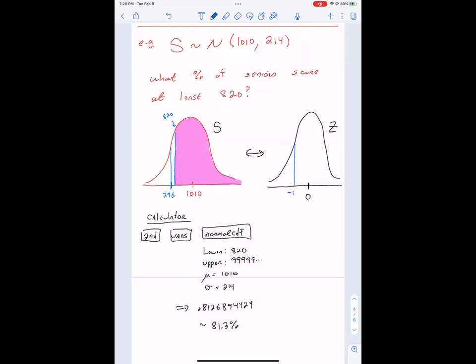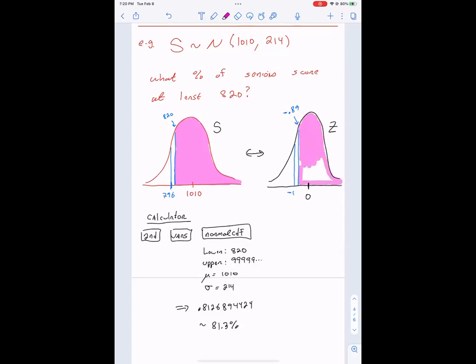And more specifically, what does my 820 become? Negative 0.89. And what I'm looking for is, again, the probability of being past negative 0.89.